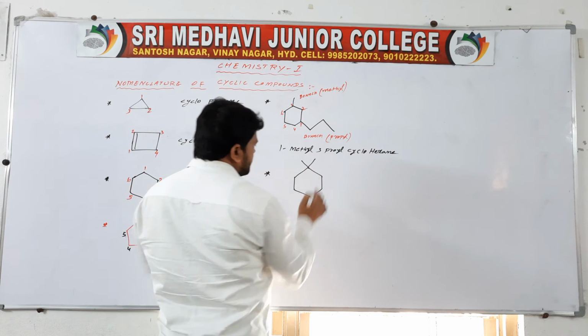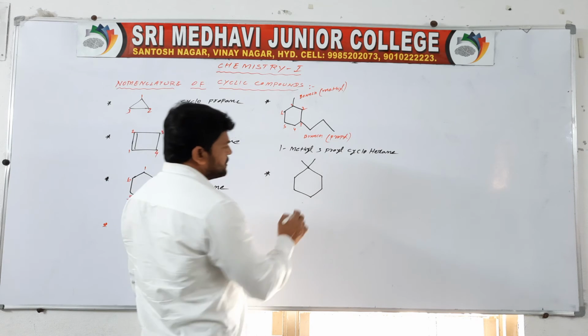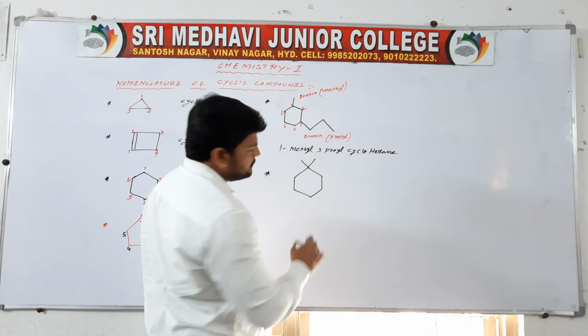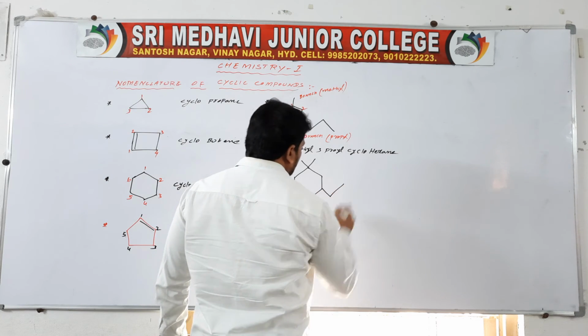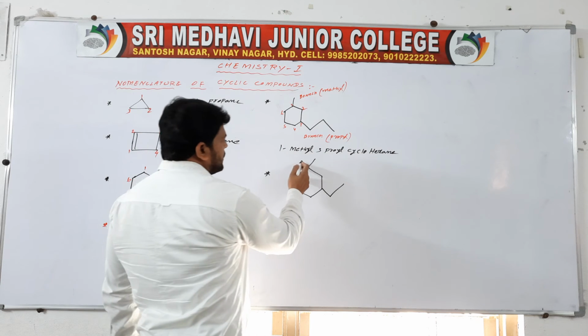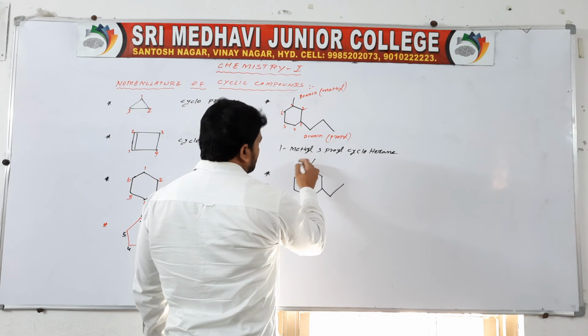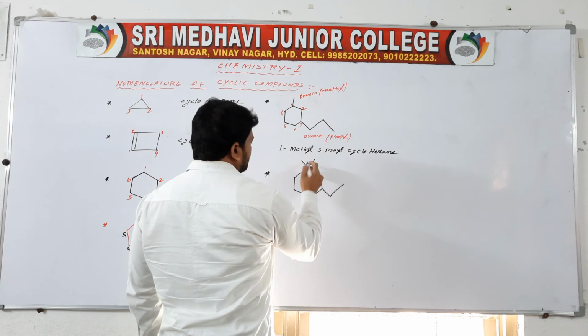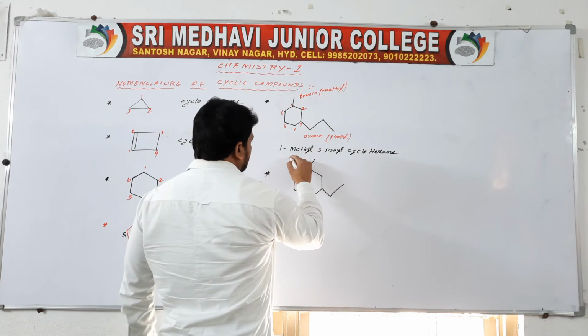It has 2 branches, and then it has 1 branch. So this is a branch, a methyl. It is a branch.